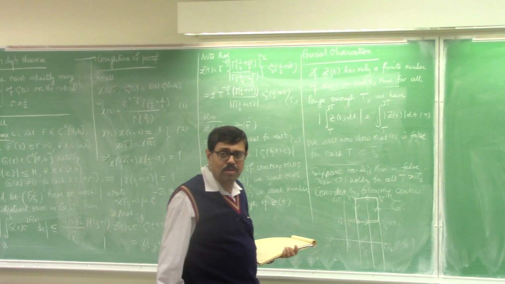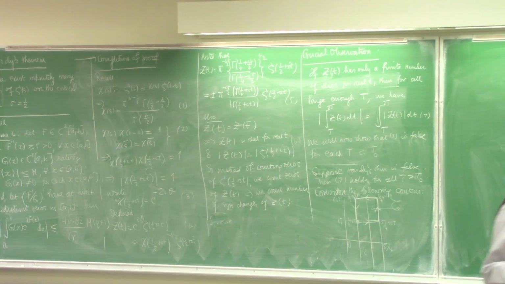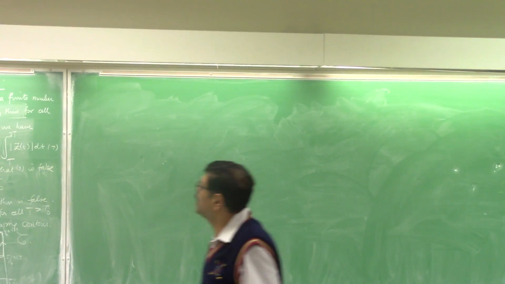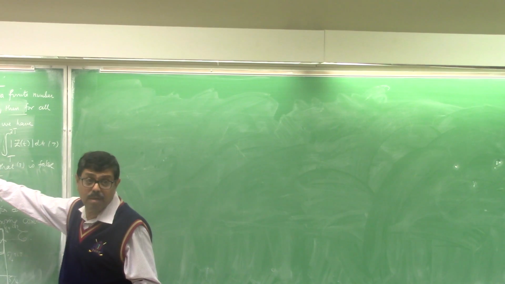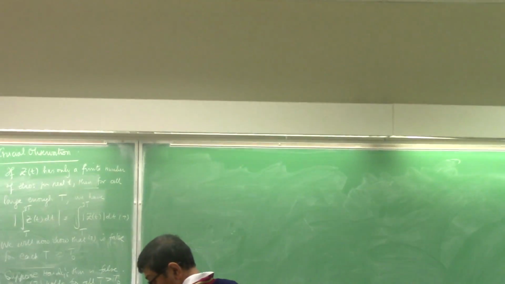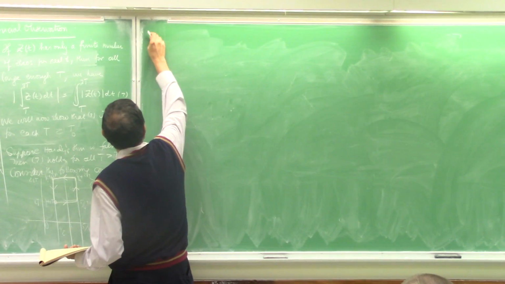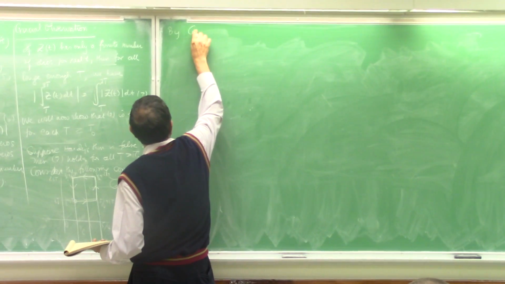So in one case we'll get an upper bound, in the other case we'll get a lower bound, and therefore the 2 cannot be. So we'll get a lower bound for this, and we'll get an upper bound for that, and then one will be smaller. All right, so now let us look at the first one, by Cauchy's theorem.